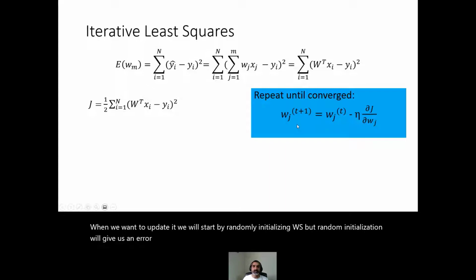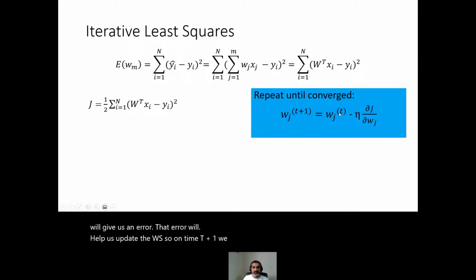That error will help us update the w's. So at time t plus 1, we will change the jth weight of the linear solution as much as the partial derivative of the error function with respect to the jth weight. In short, we want to find the component of the error caused by this particular w.